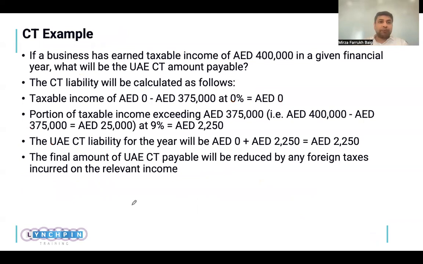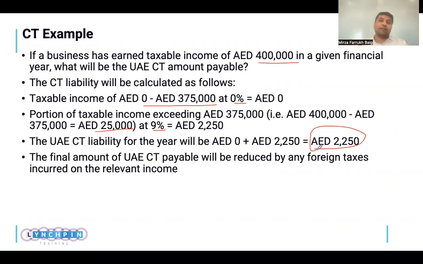So just as an idea, if my taxable income is 400K, as I explained, the first 375K, from 0 to 375K, would be 0%, and anything exceeding 375K, which in this case would be 25K, would be charged at 9% itself, and my final liability would be calculated in this way.